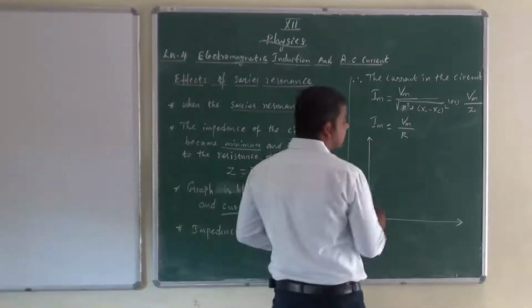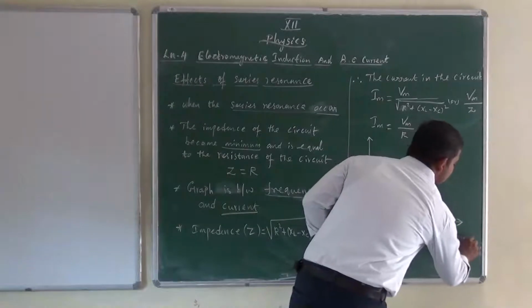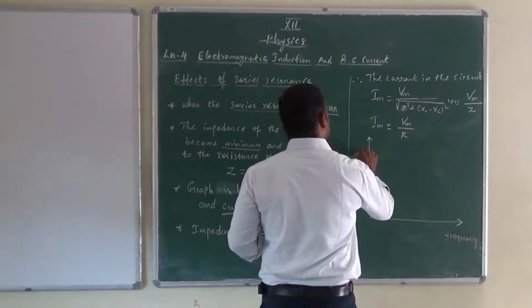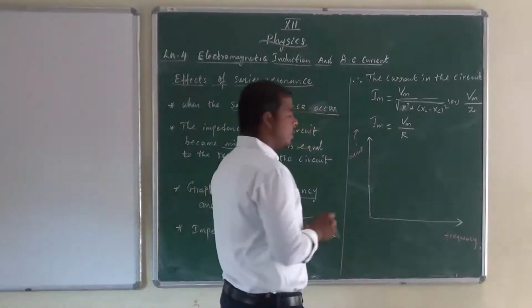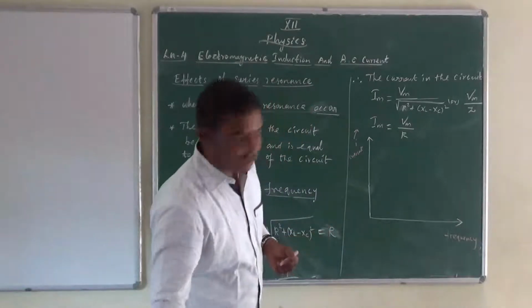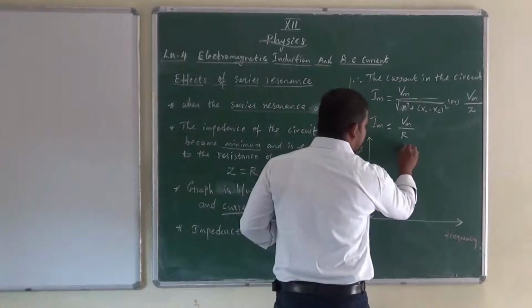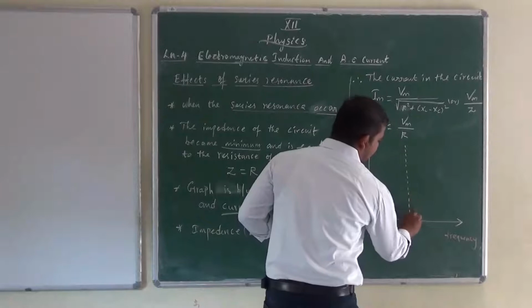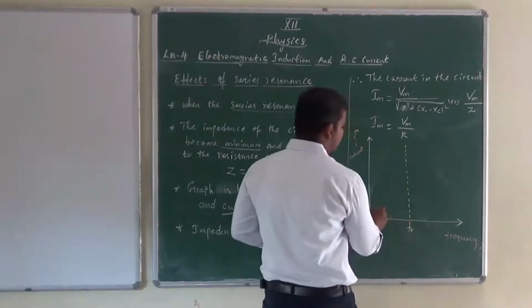In the X axis we take frequency, and in the Y axis current. If you draw the graph, it is obtained like this. This is the resonance frequency Fr.